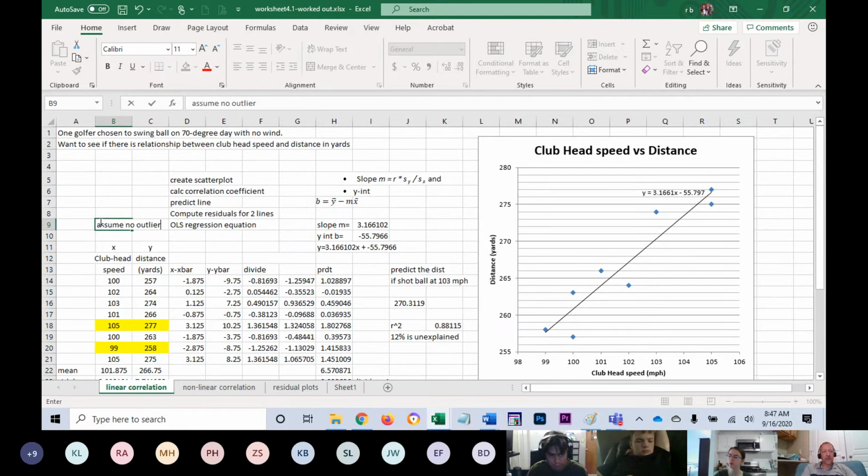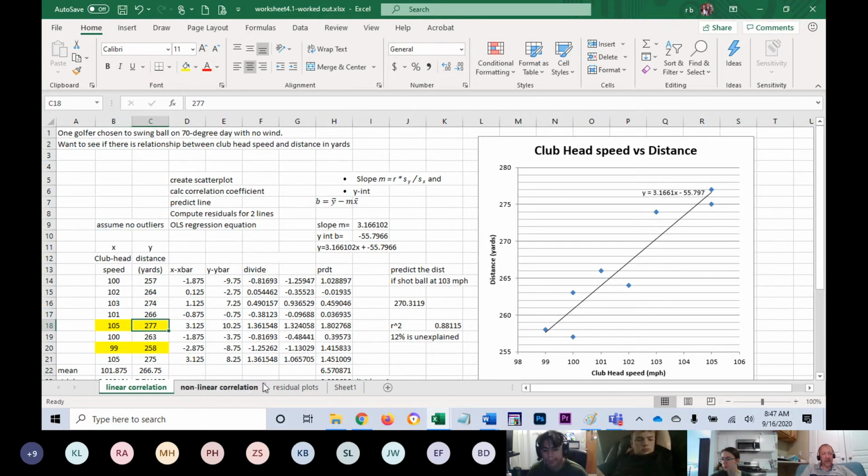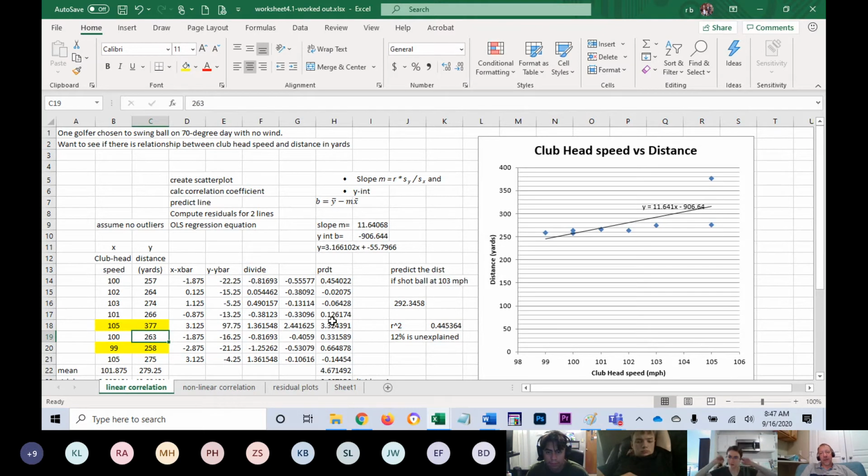no outliers. Now, if I do have an outlier, like let's say that I hit it 105 yards, and instead of going 277 yards, it went 377 yards. Just something weird happened. Now you can see clearly that's this point right here.